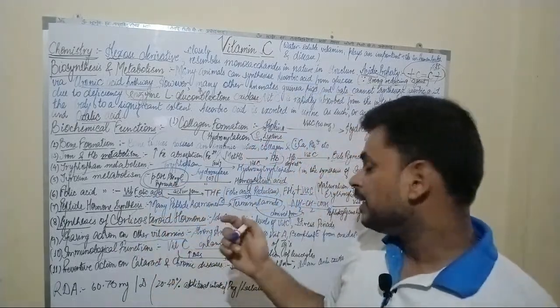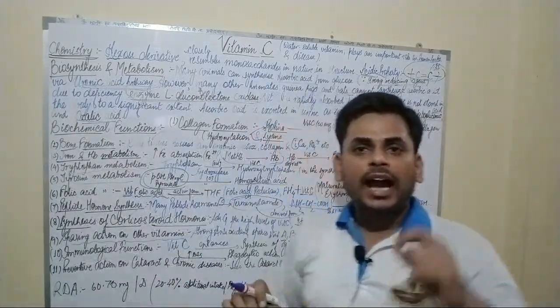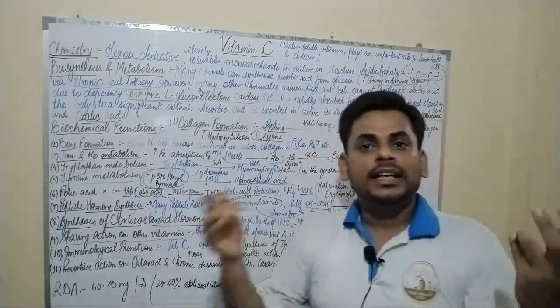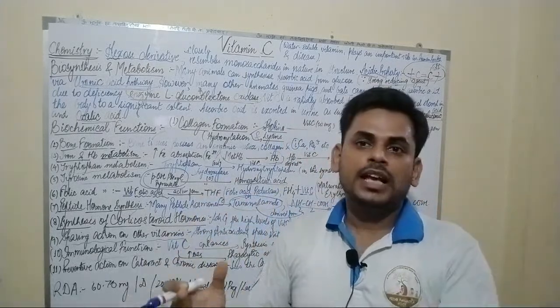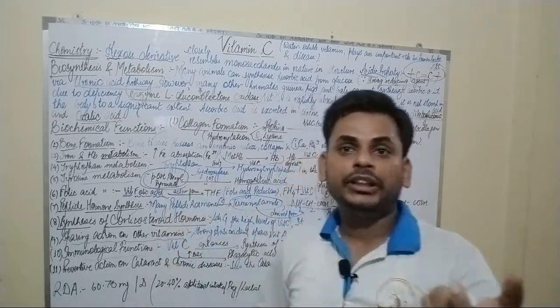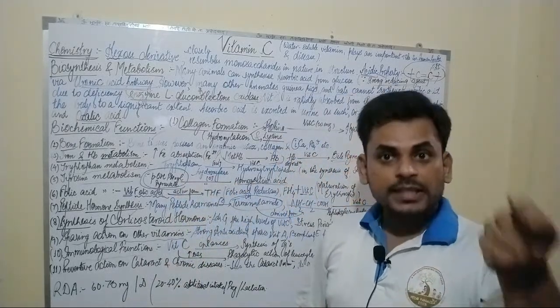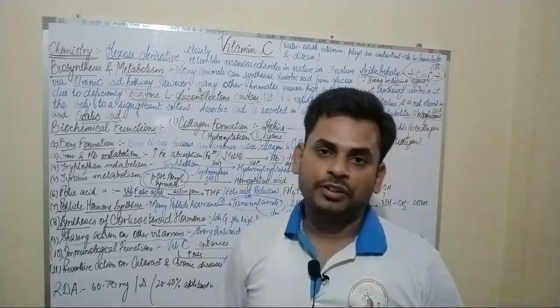So vitamin C enhances the synthesis of a large number of antibodies, and a number of antibodies are synthesized just because of the presence of vitamin C. Vitamin C is very essential for the production of antibodies. So this is the immunological function of it.